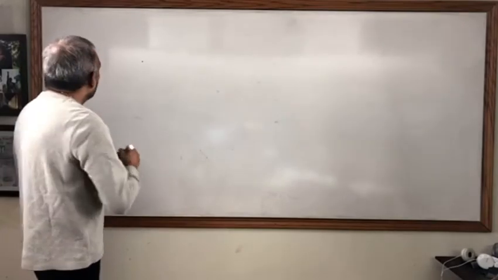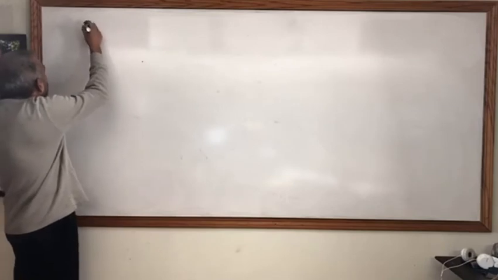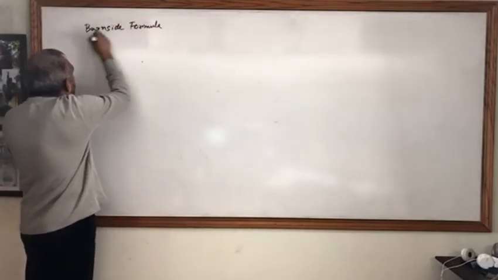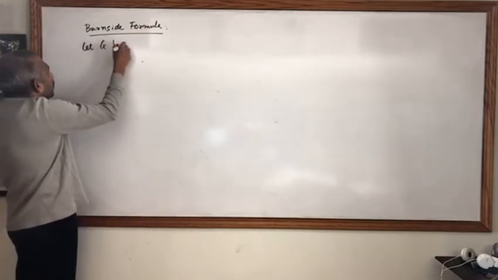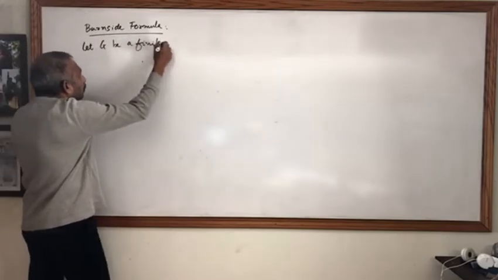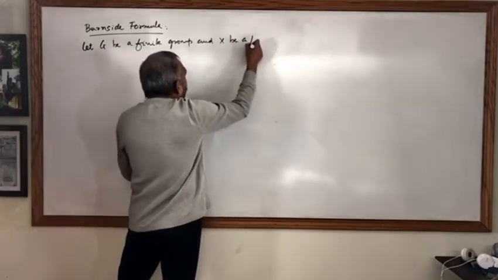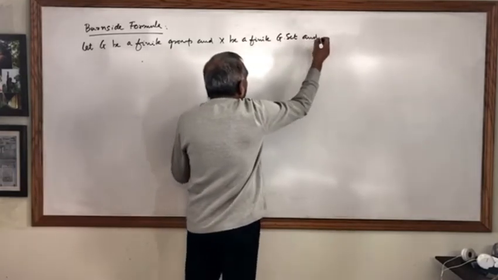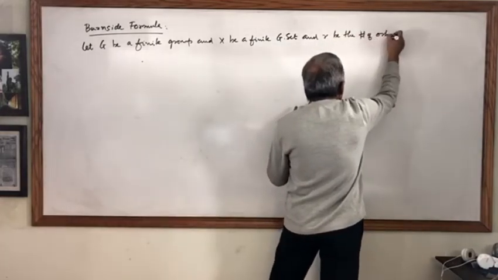Now we'll look into a very useful formula. It's called Burnside Formula. Let G be a finite group and X be a finite G set and R be the number of orbits.